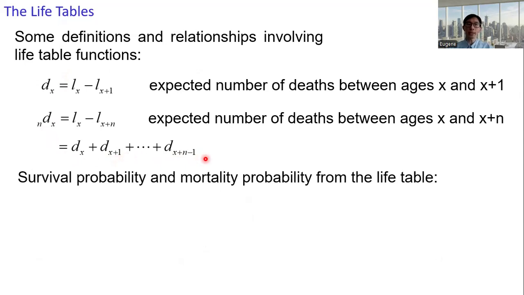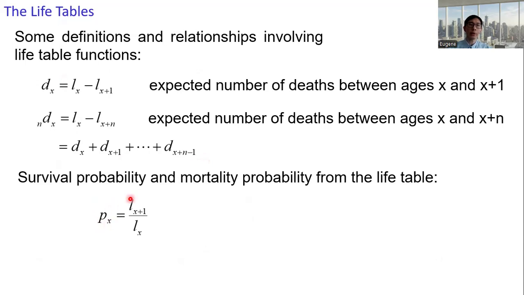From the l's and the d's, we can calculate the survival probability or the mortality probability. For example, px. px is the probability that an individual at age x can survive beyond age x plus 1.